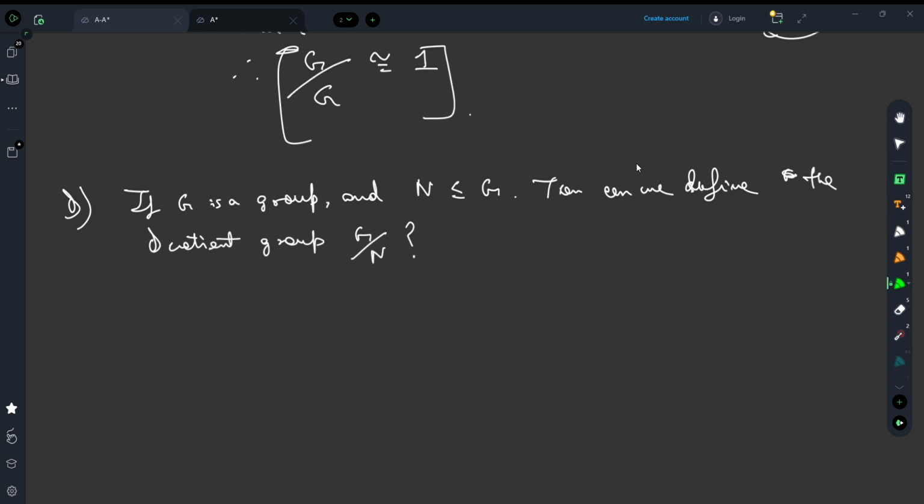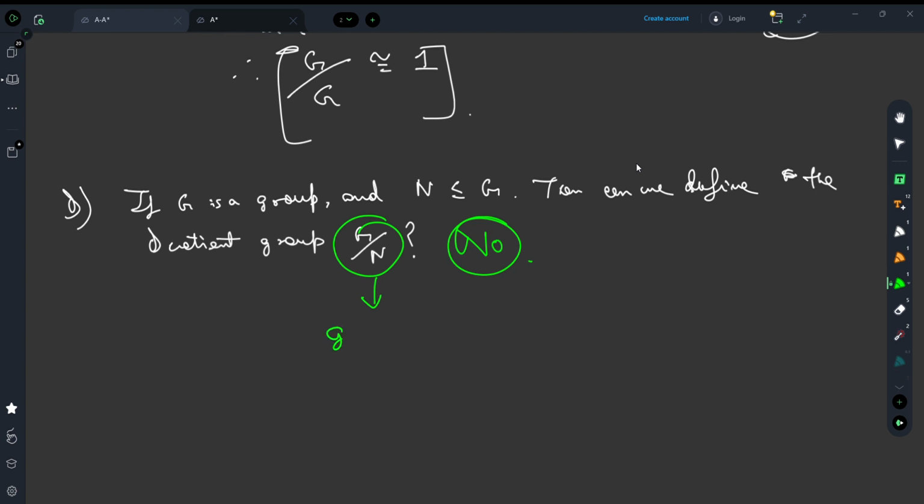The immediate answer to this is no, because we will eventually see that to define the quotient group, one of the main things we require is the left cosets of N in G and the right cosets of N in G to be identical.